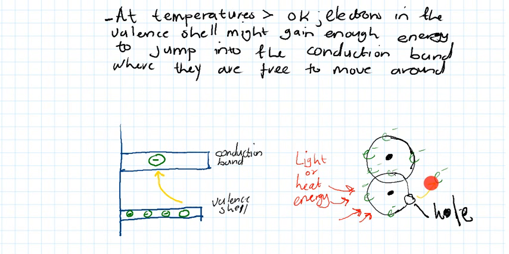And if we were to apply a potential, this electron will be driven, pulled in some direction. You understand? So as you can see, in terms of energy, we have the valence shell. Here the electrons are at the valence shell energy level. And if they gain enough energy, they will move into the conduction band. I hope you get it, guys. Moving on.